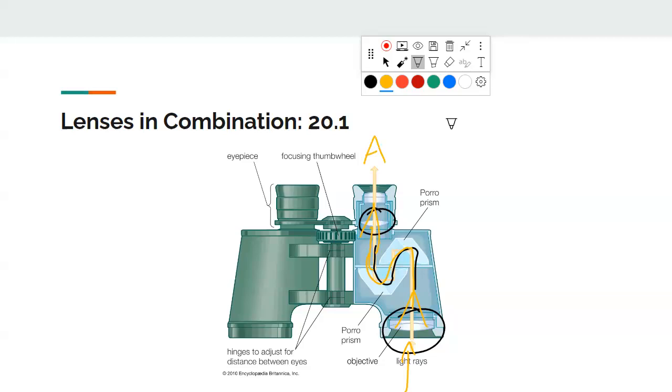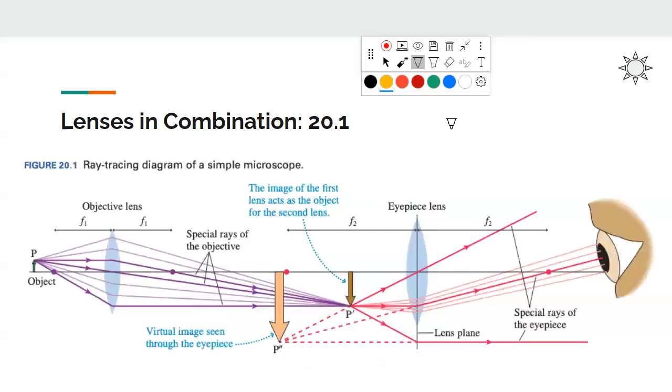So in order to understand how something like a pair of binoculars or a refracting telescope or a microscope works, we have to think about what happens to the thin lens equation if we have 2 lenses in a row, talking to one another. And so that's what we have to learn today, basically the last main thing in this class.